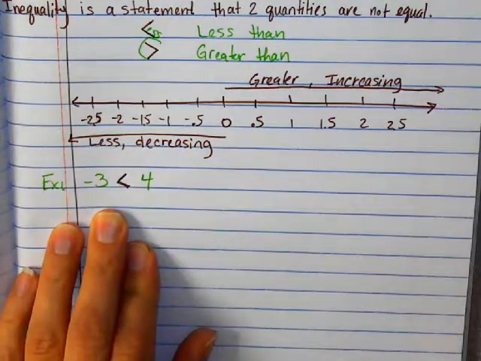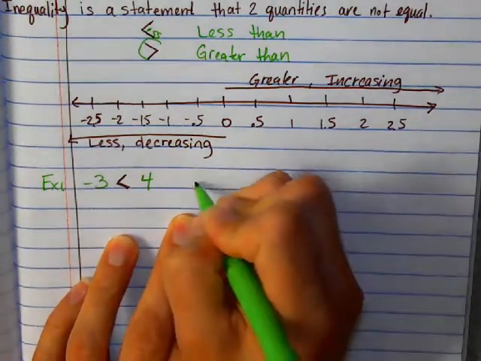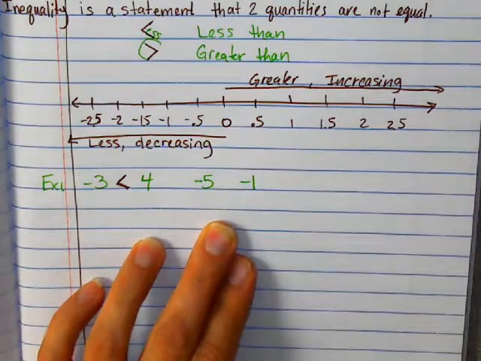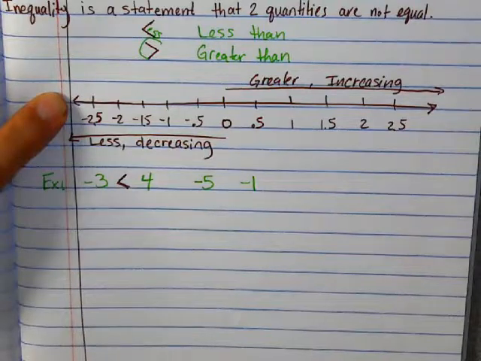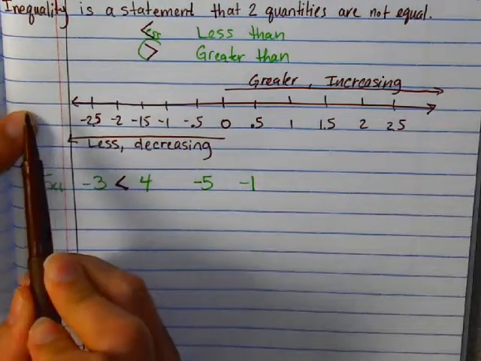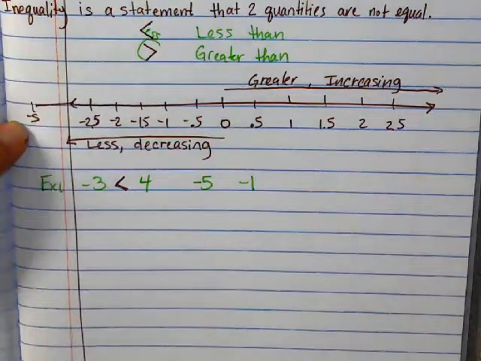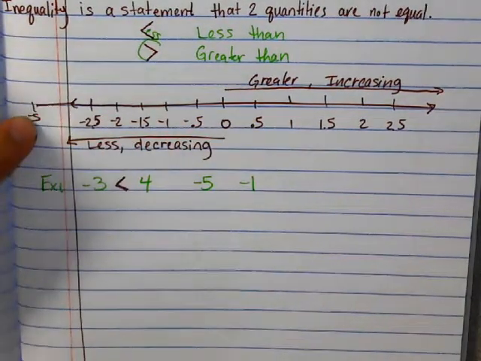That one was easy. How about when we have -5 compared to -1? I don't have -5 on the number line here, but I know it's going to be way off over here. -5 is further away from 0 than -1 is.